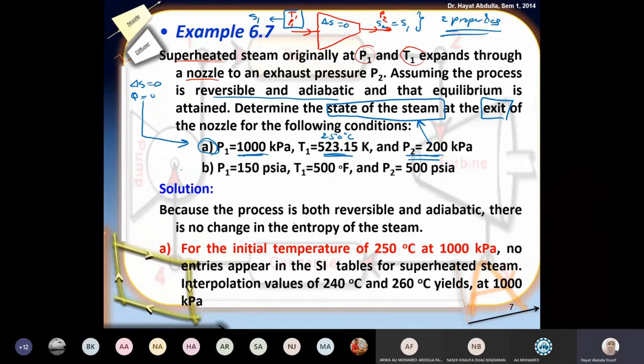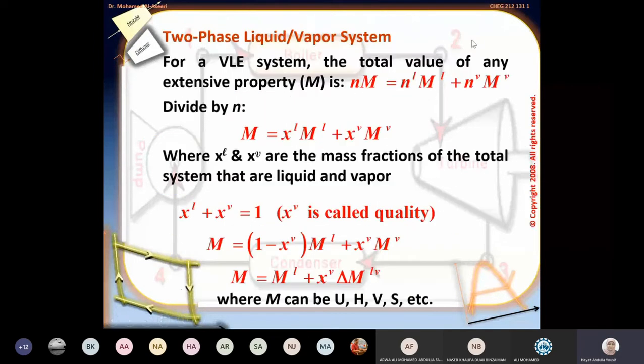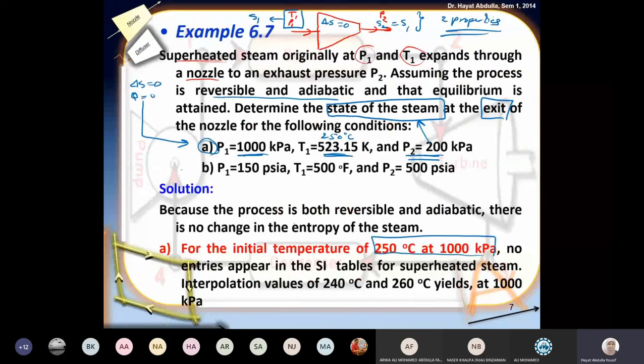So what I did here, at the initial condition T1 and P1, you have to ask yourself which table I have to use. It was clearly written that it is superheated, which means you are going to use table F2. In table F2, the first column is based on the pressure.